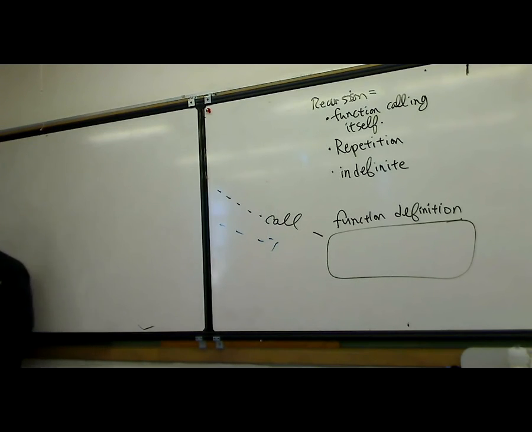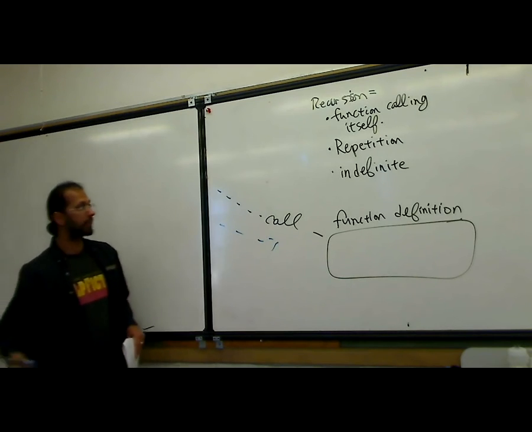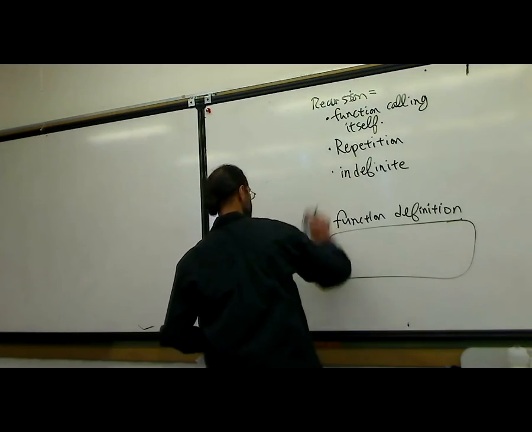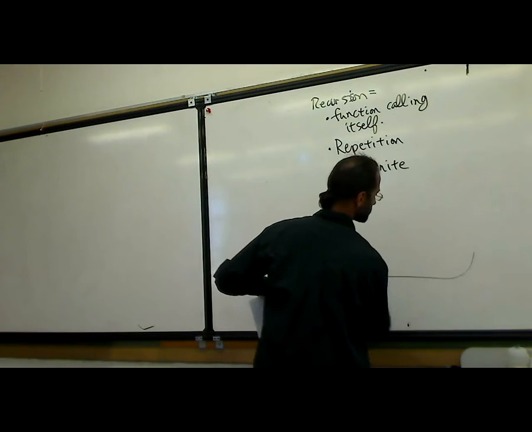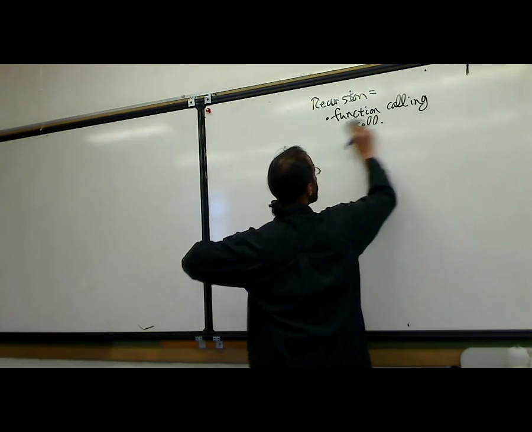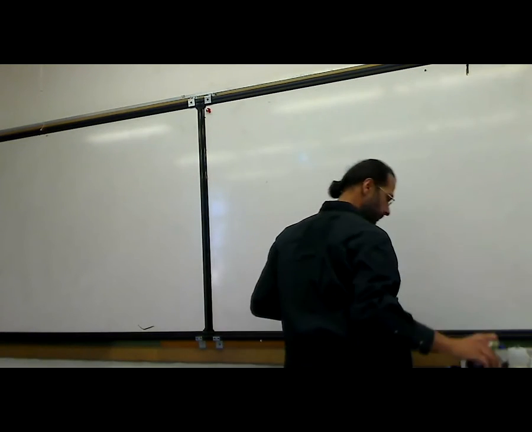So the canonical, or most classic example of recursion is the factorial. You'll see the factorial.